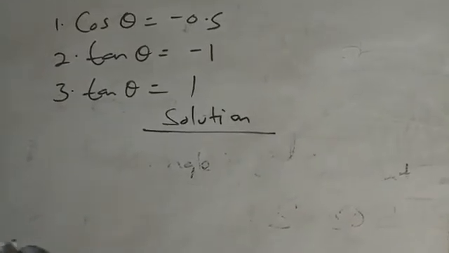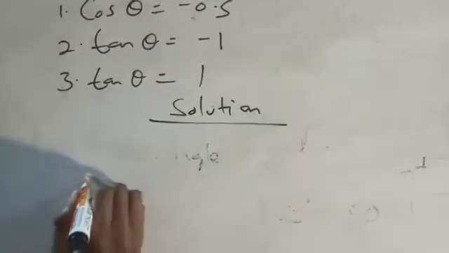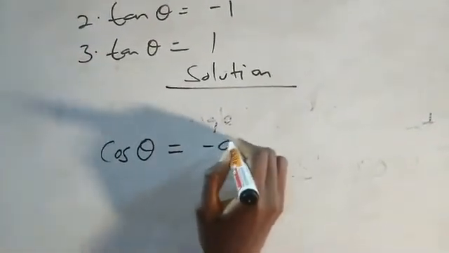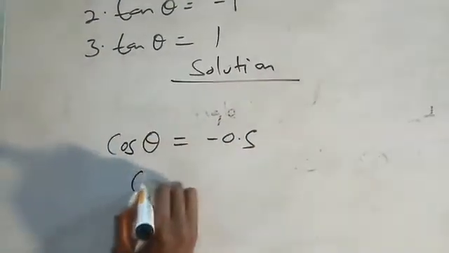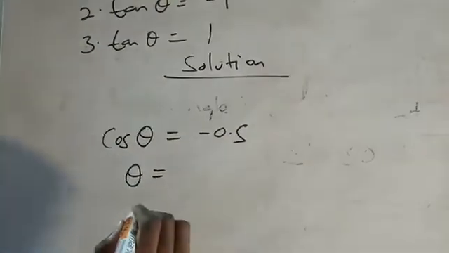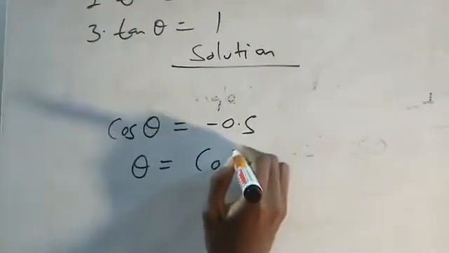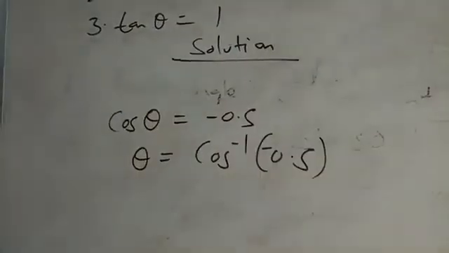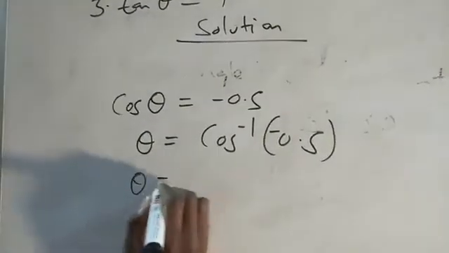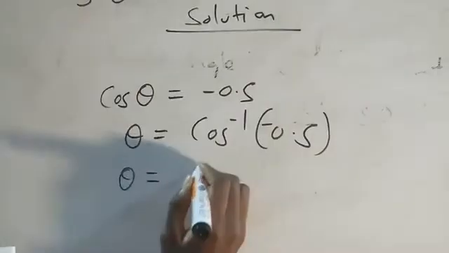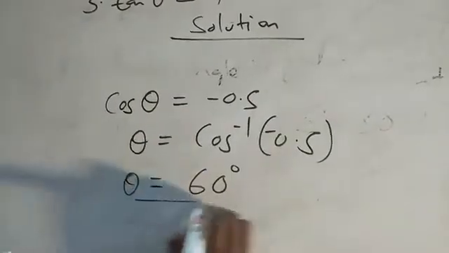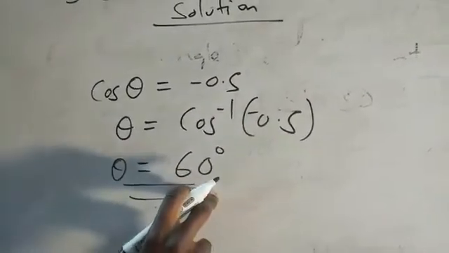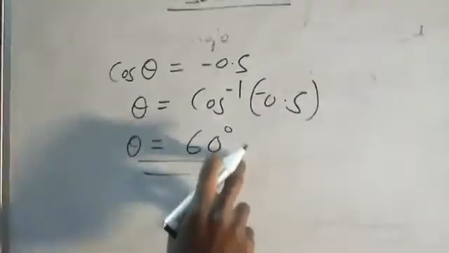So theta alone will be cos inverse of 0.5, ignoring the negative, becoming theta equal to 60 degrees. But this is the acute angle, which is in the first quadrant.